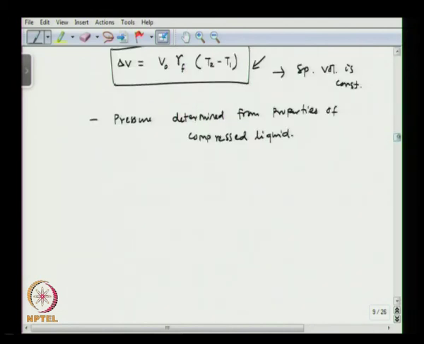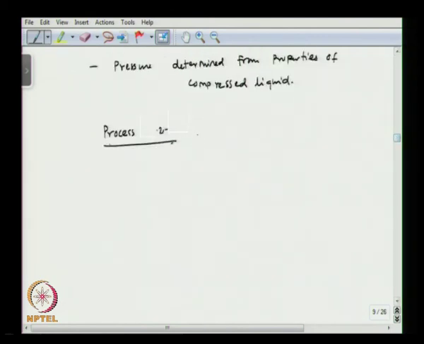Let us say the next process, process 2, where it is a mixture of liquid plus vapor. So, there is a phase change. And as there is a phase change, temperature and pressure both increase due to heat transfer.